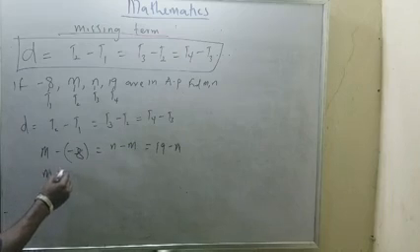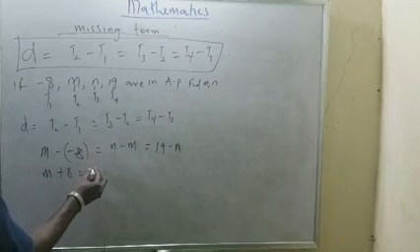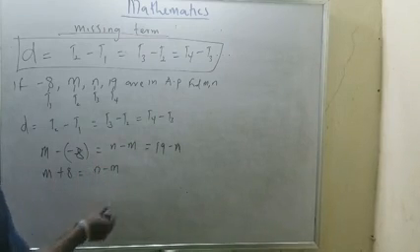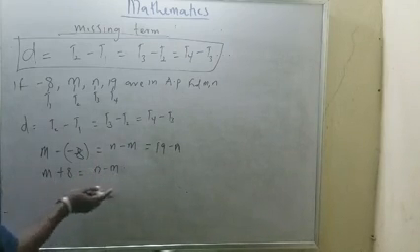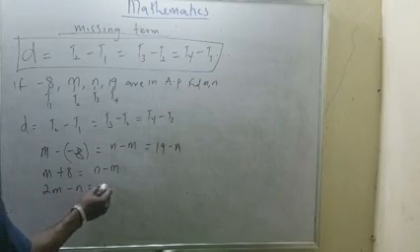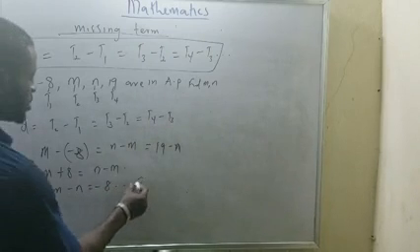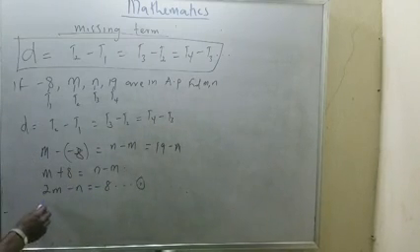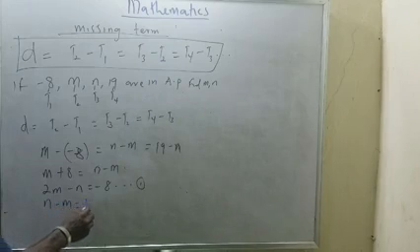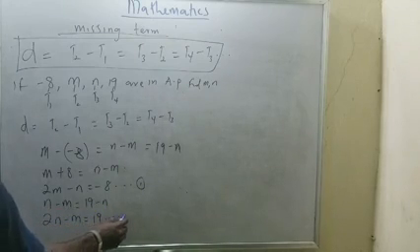I can say m plus 8 equals n minus m, which gives me 2m minus n equals minus 8. That is correct. I call it equation 1. Now, n minus m equals 19 minus n. It means 2n minus m equals 19, equation 2.